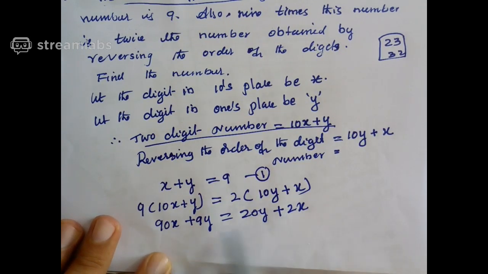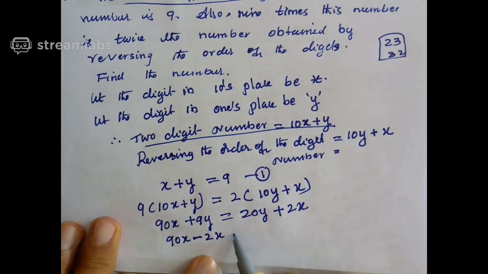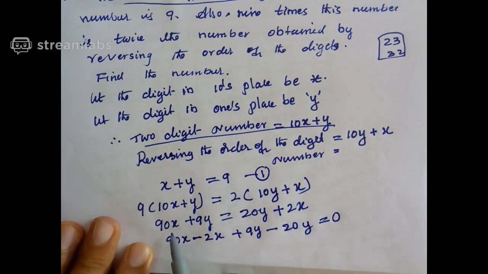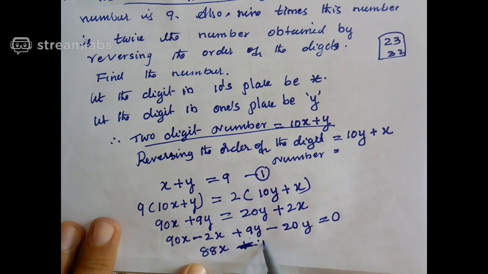Now collect like terms. 90x minus 2x plus 9y minus 20y is equal to 0. 90x minus 2x is what? 88x, isn't it? Plus 9 minus 20, which is minus 11y, is equal to 0.